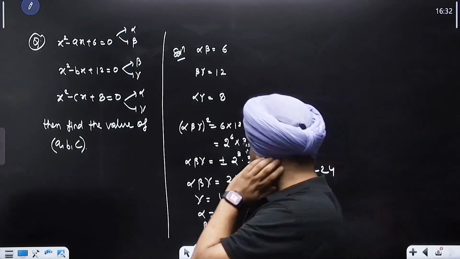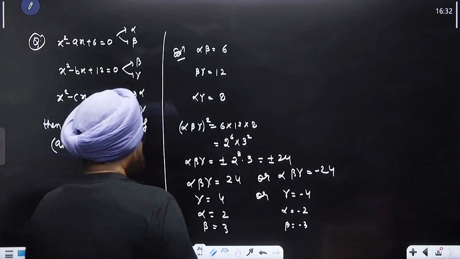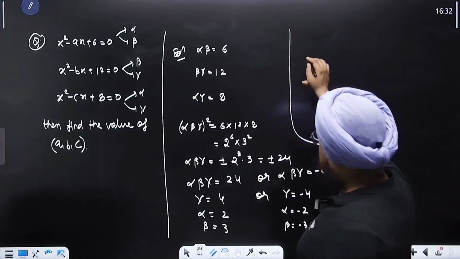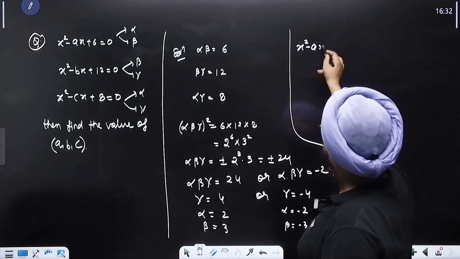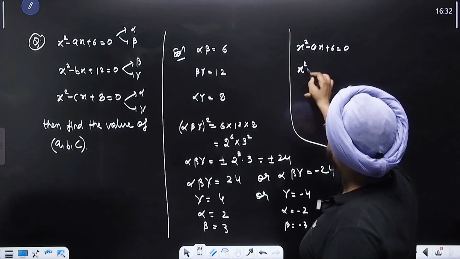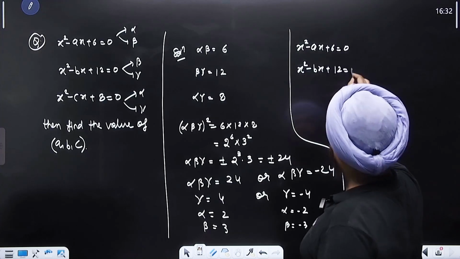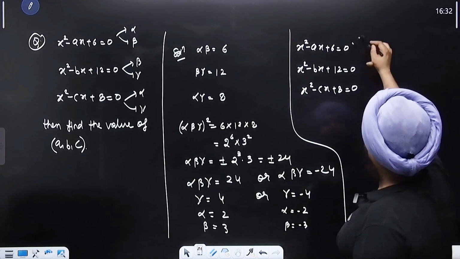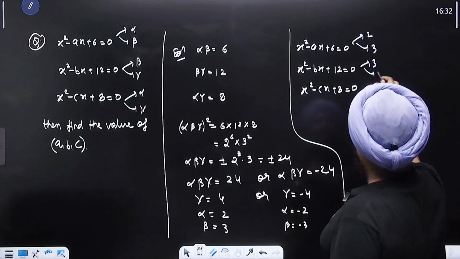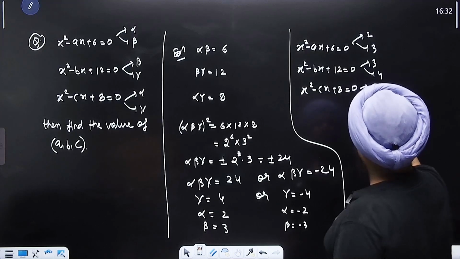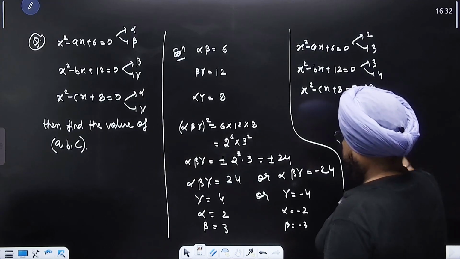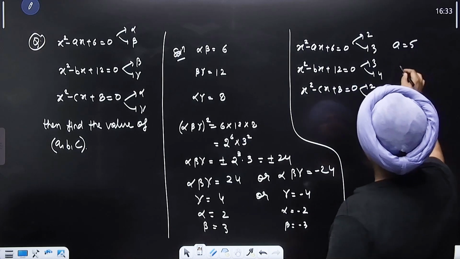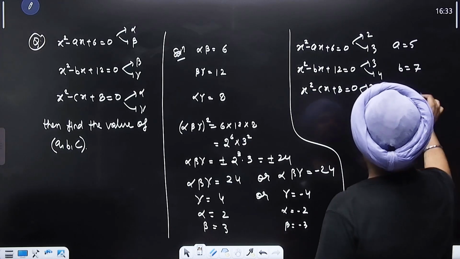So we will be having two values of a, b, c. For alpha 2, beta 3, gamma 4, the value of a is 5, b is 7, c is 6.